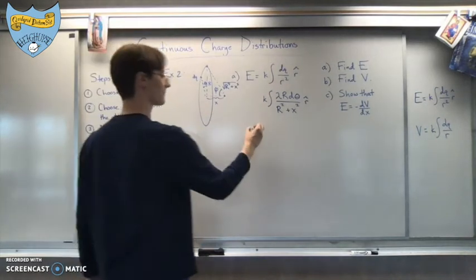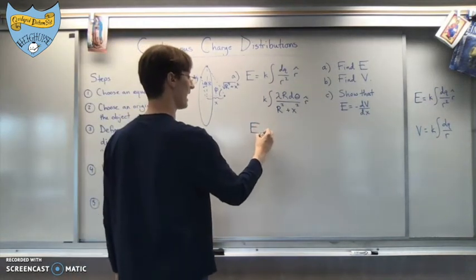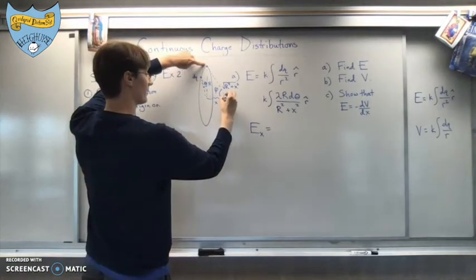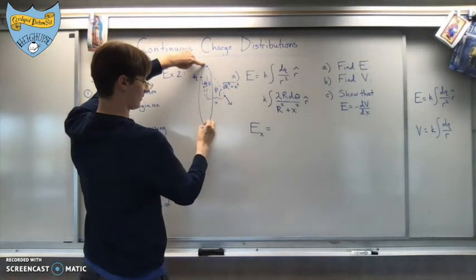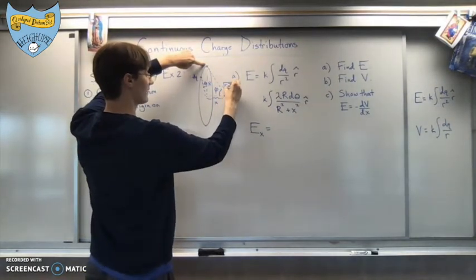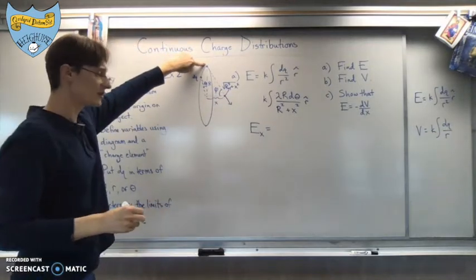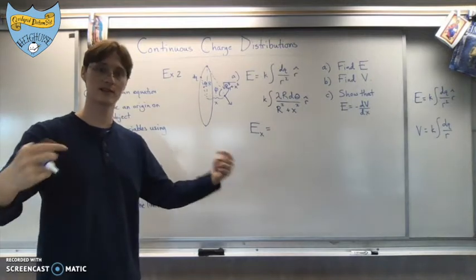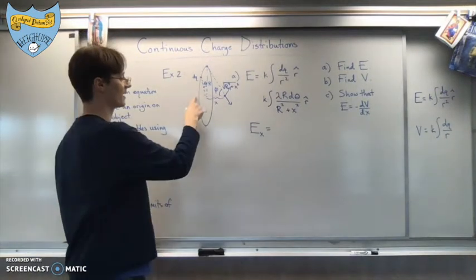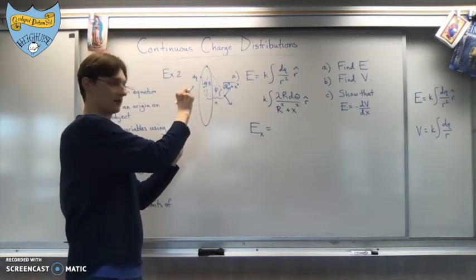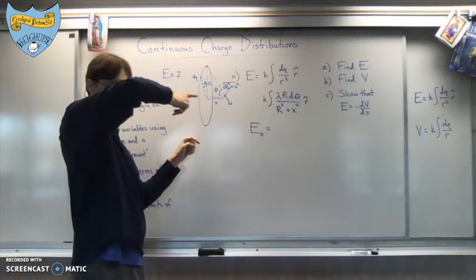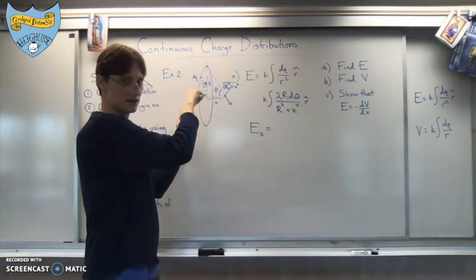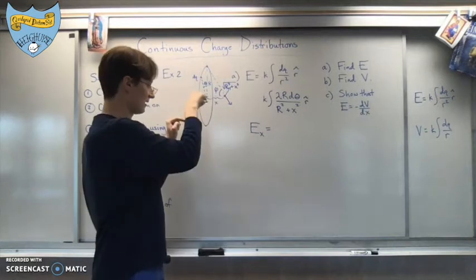Like last time, we can say that the x components will add, right? This charge element up here makes a field like that. This one down here in the bottom would make a field like that. Also recognize, though, that there's not just x and y. In this case, we have to talk about the z components, because a charge element way out here would make a field that would point into the board, whereas one a little bit into the board, also forwards, but into the board.